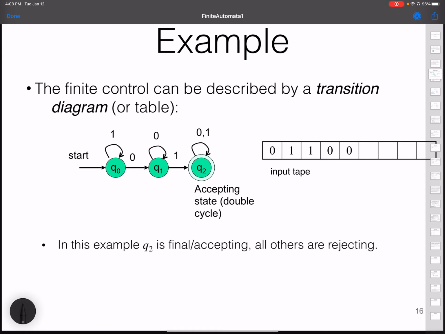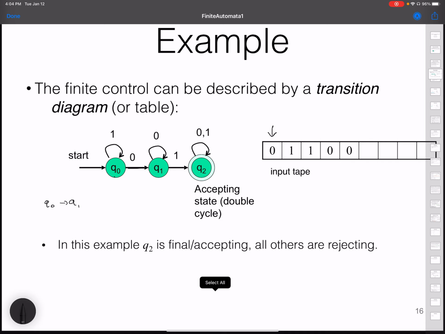At the very beginning you are at the start state Q0. At Q0, if you see a 0, you look at the transition over 0, which tells you to go to state Q1. So your current state is now Q1.